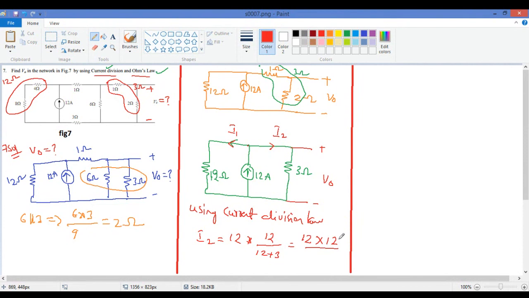So how much if you solve? 1 minute. Let me check it out.